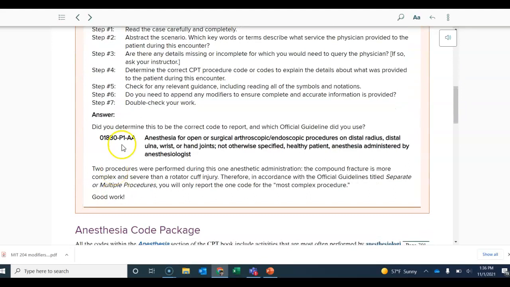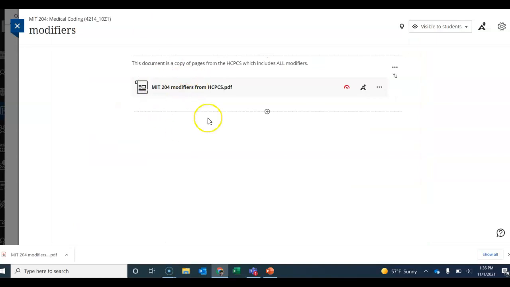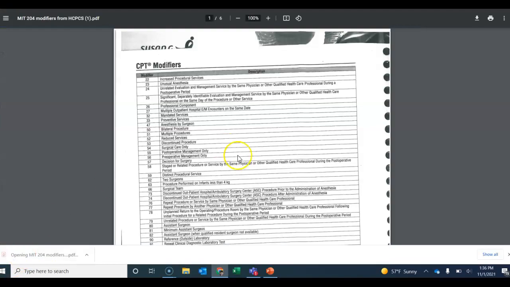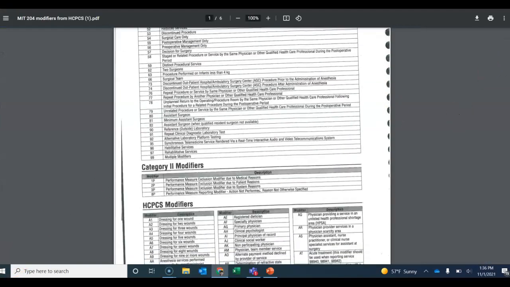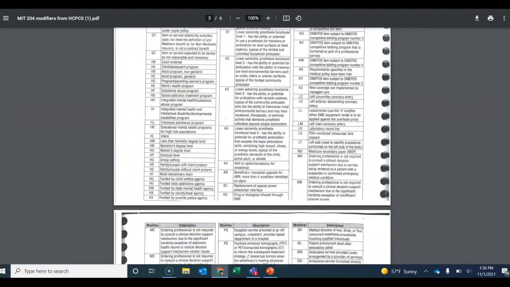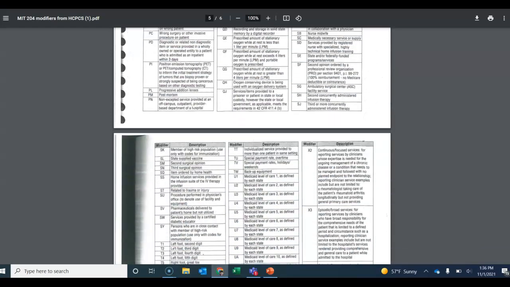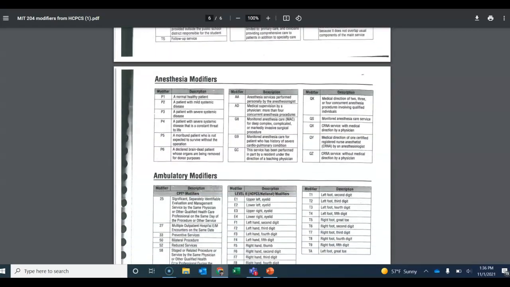Here's an example. Here's the anesthesia code. Here's the physical status. This AA is the anesthesia modifier. So remember back up here when I told you to download this document and keep it handy. If you go over here, here's your P codes.